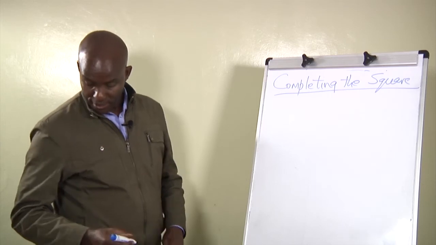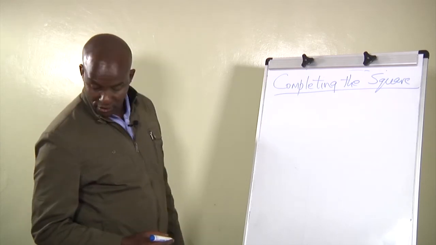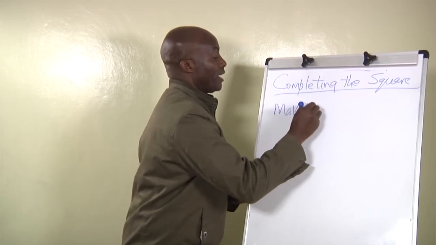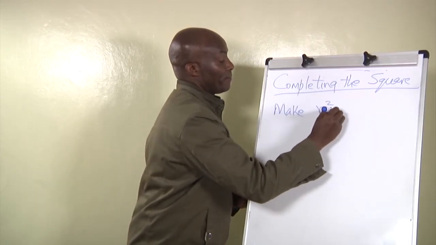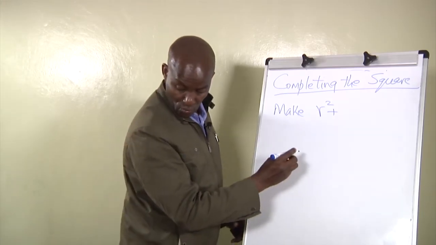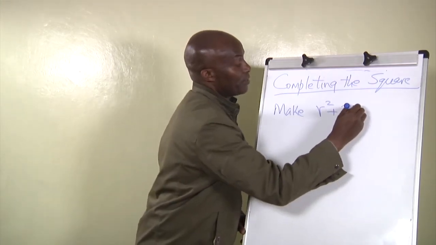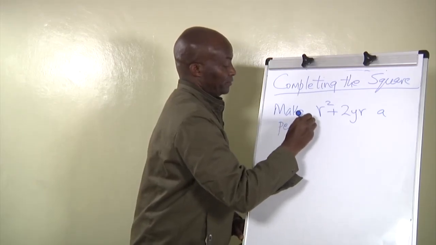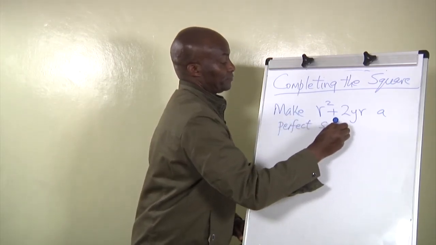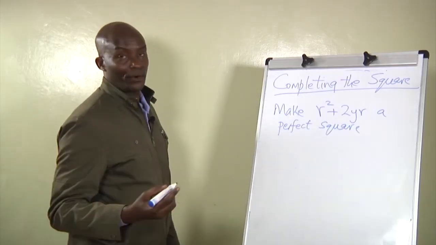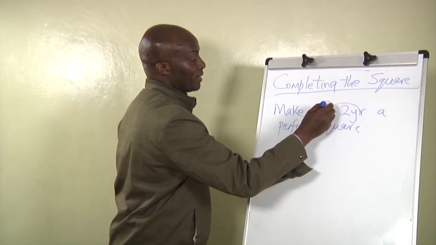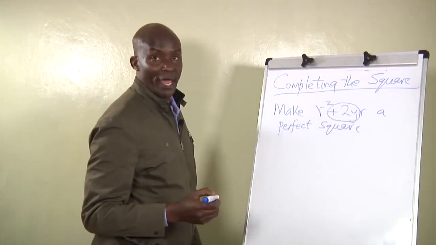I'll give you the last one. Supposing you are given to make r squared plus 2yr a perfect square. Now again, we follow the same method. Here, the coefficient of the middle term is positive 2y.